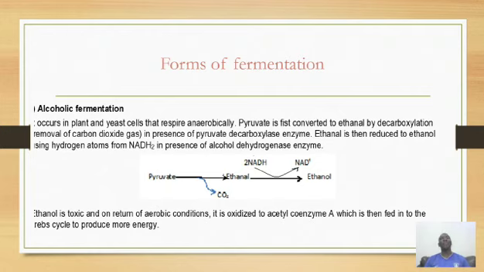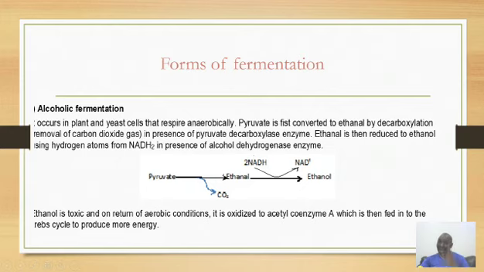A carbon atom is removed and given off as carbon dioxide gas in presence of an enzyme called pyruvate decarboxylase enzyme, leading to formation of ethanol. So pyruvate undergoes decarboxylation, removing carbon dioxide in presence of pyruvate decarboxylase enzyme, forming ethanol.